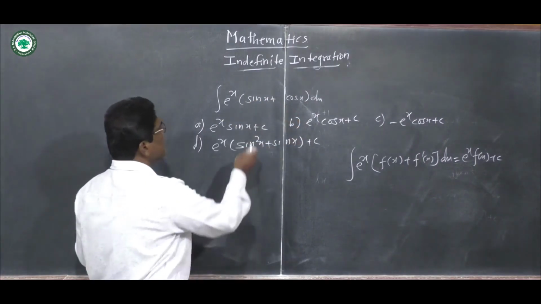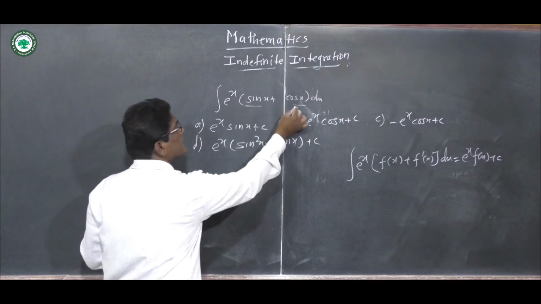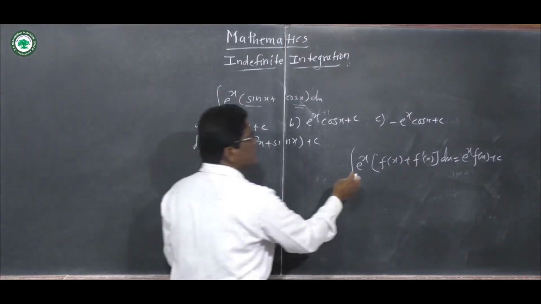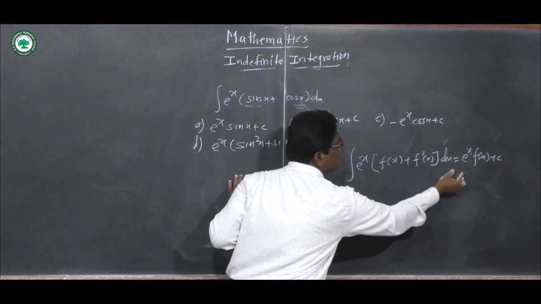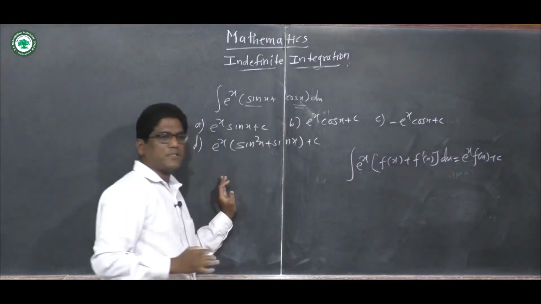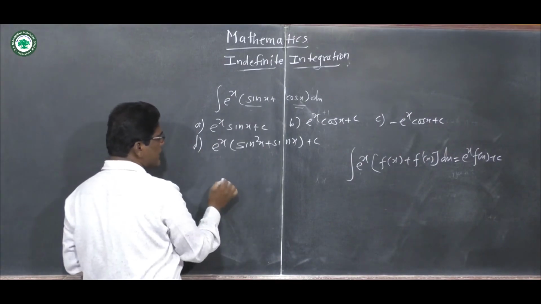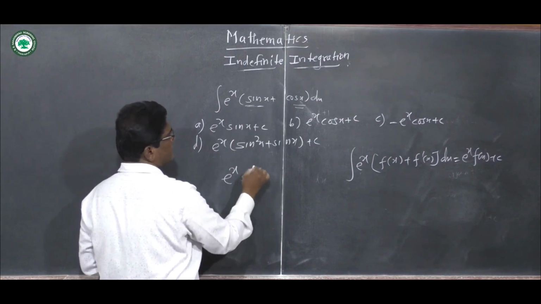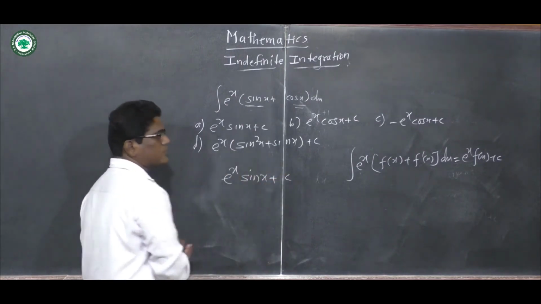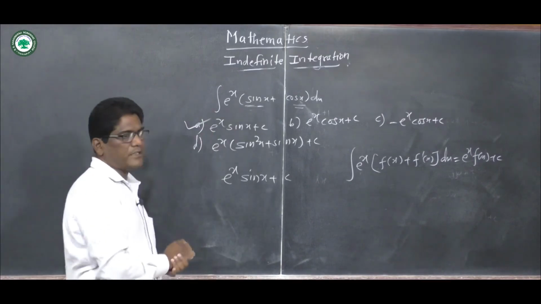We know that the derivative of sin x is cos x. So the solution is e to the power x into sin x plus constant of integration. So here A is the correct answer.